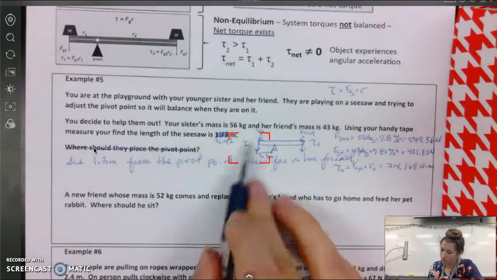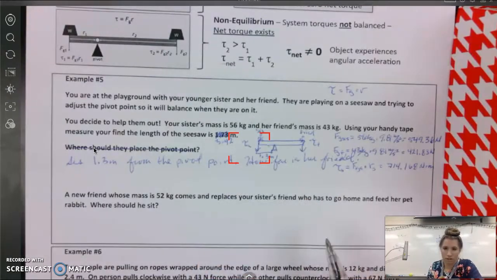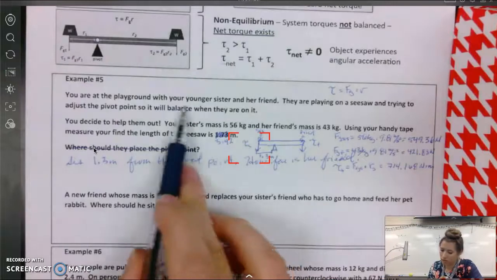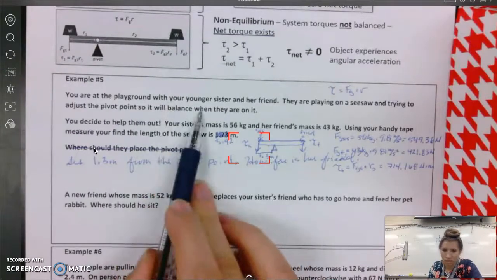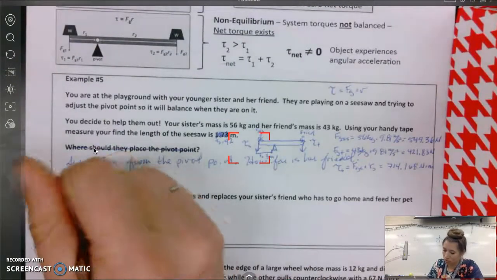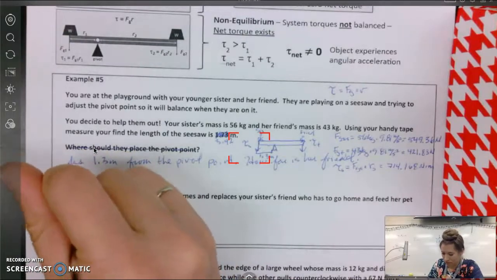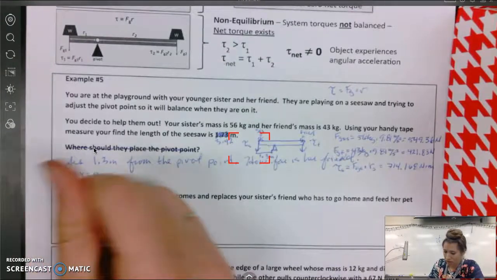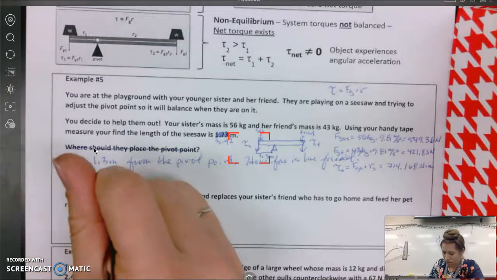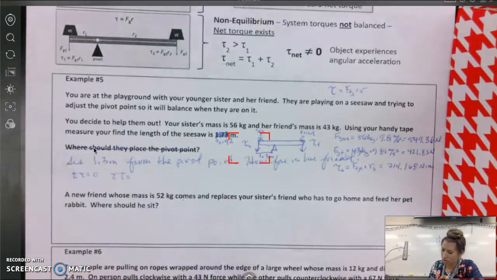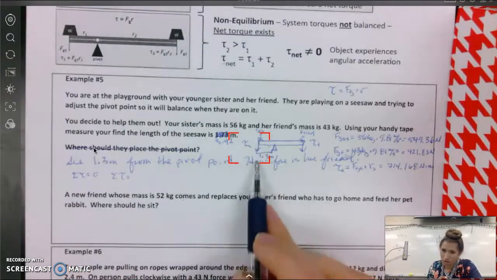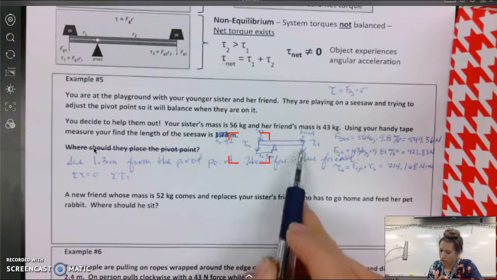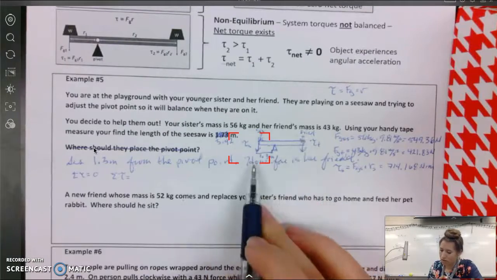Now let's put together the sum of the torques. We know that they're equal to 0 because it talks about them being balanced. And so we're going to say the sum of the torques equals 0. But we also know that the sum of the torques is going to equal, the sister's going down here, which would cause a counterclockwise motion.